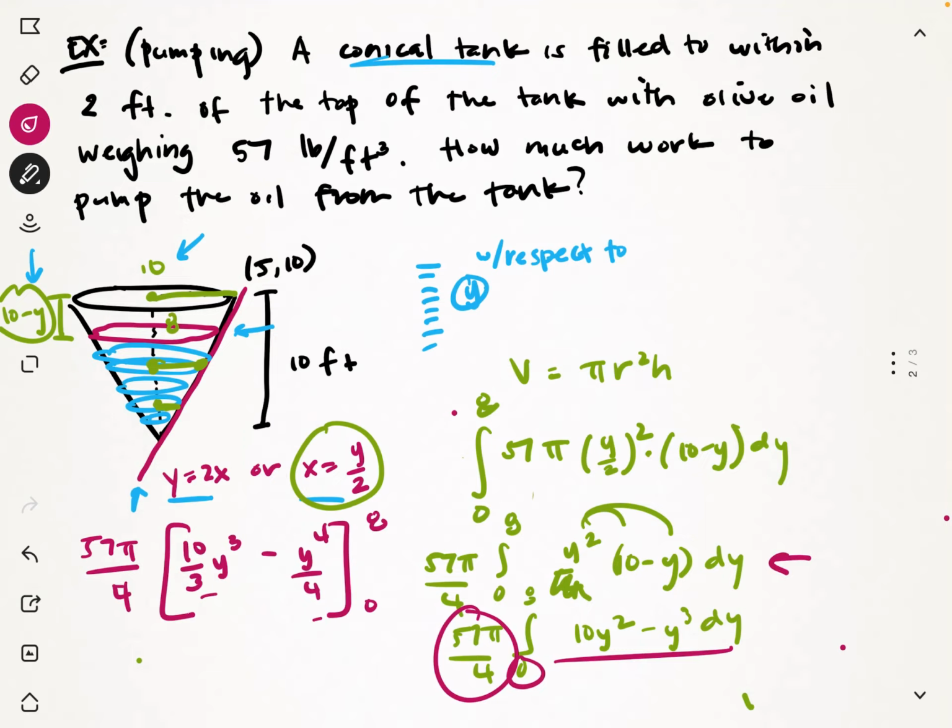So let's do this calculator part. 10 thirds times 8 to the third, and then minus 8 to the 4th divided by 4, and then times 57 pi divided by 4.